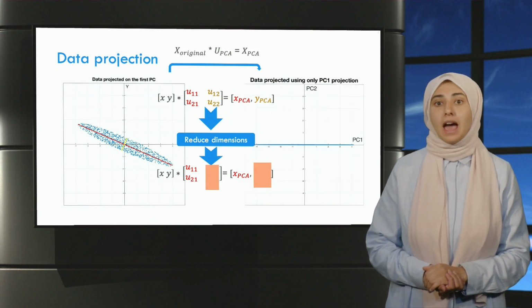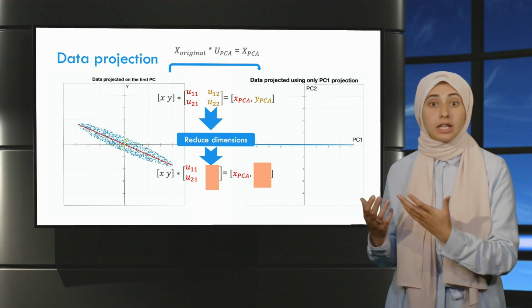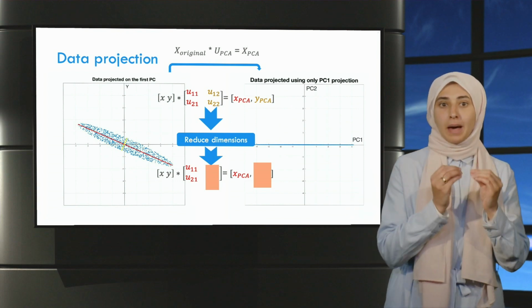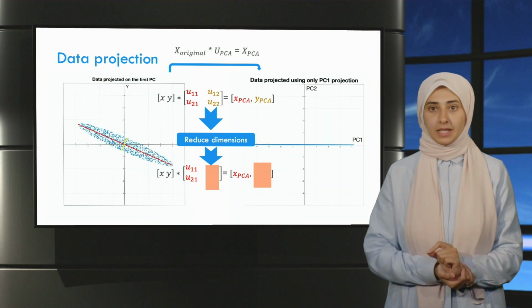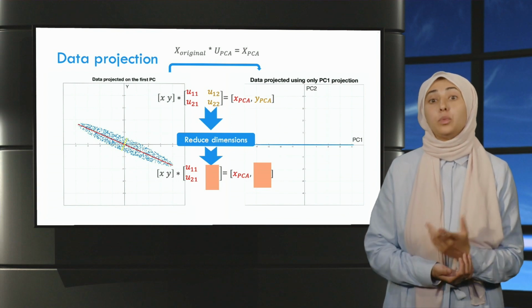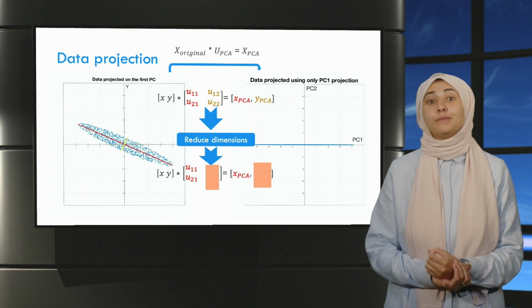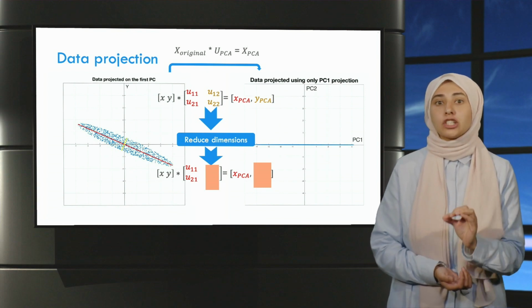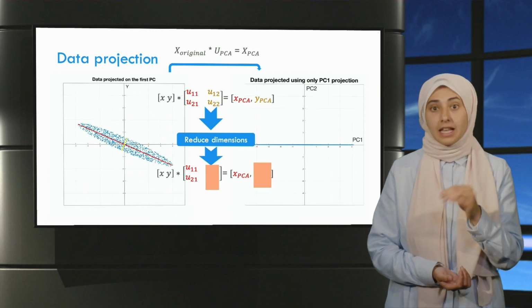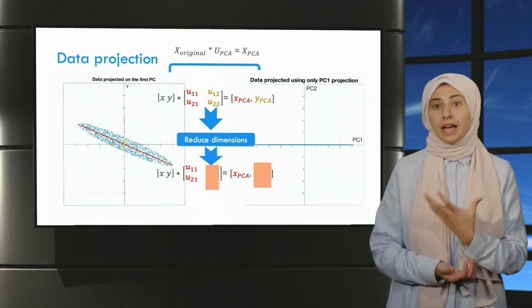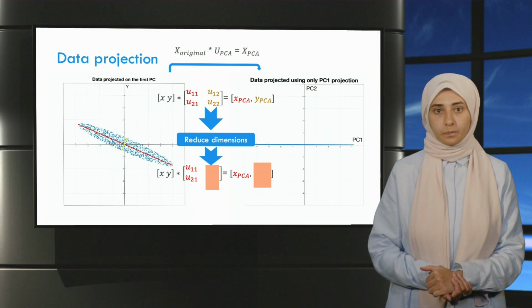That way, every point of 2 features in the original space will get mapped to 1 dimension in the PCA space. What we gain using PCA to reduce the dimensions is that it projected the data on the direction of the maximum variance instead of any other direction in the data.